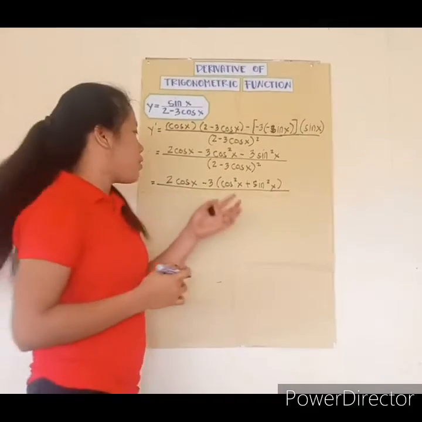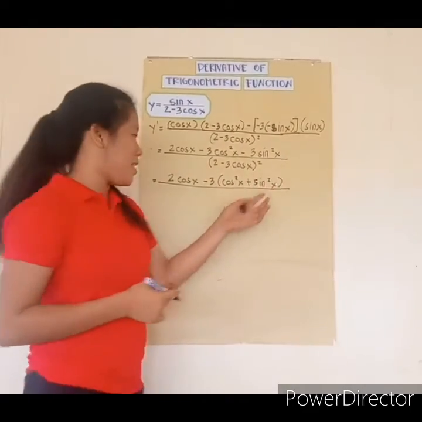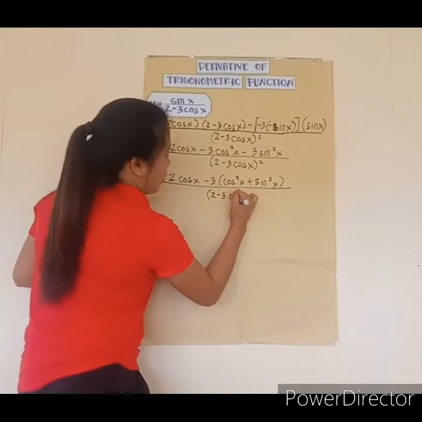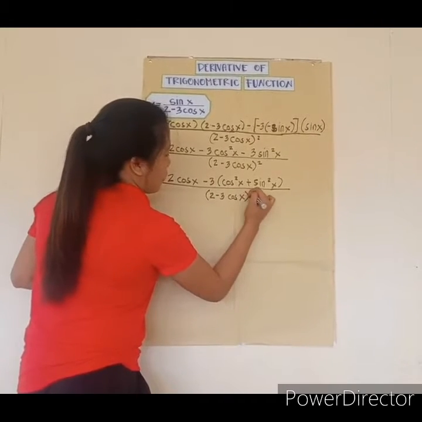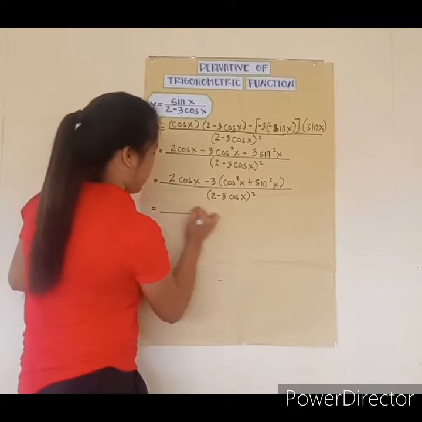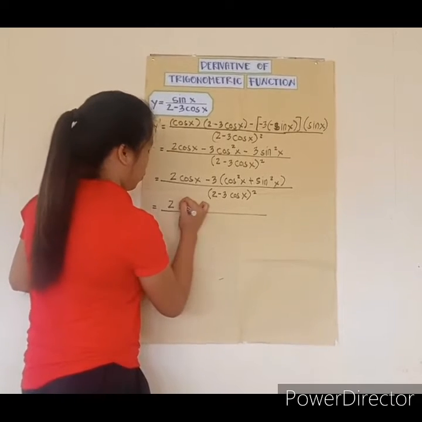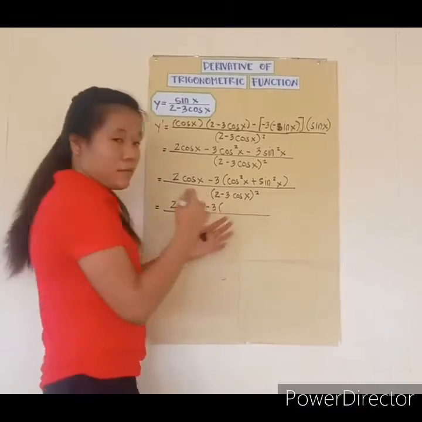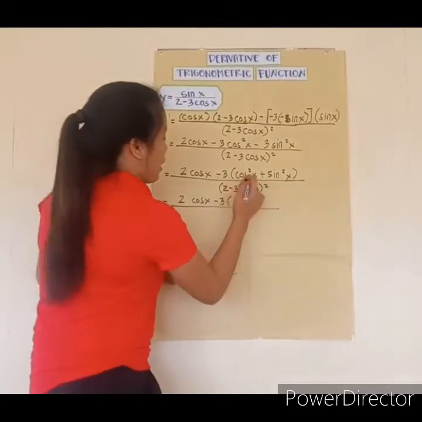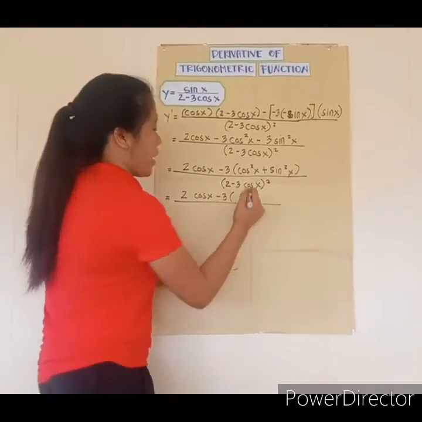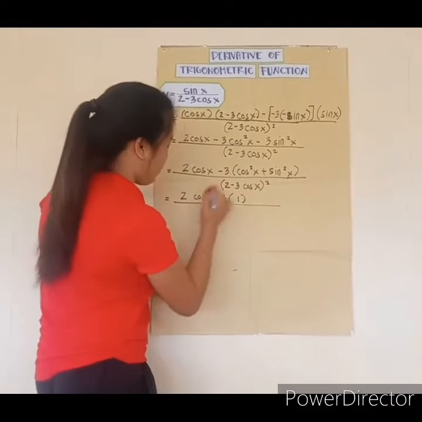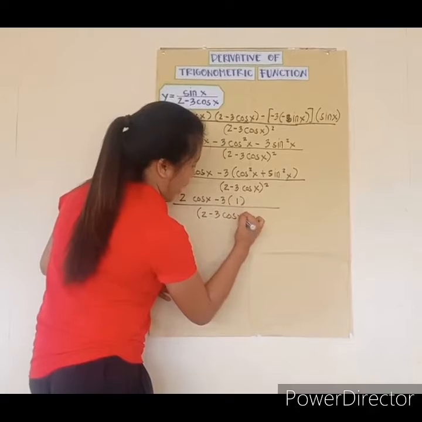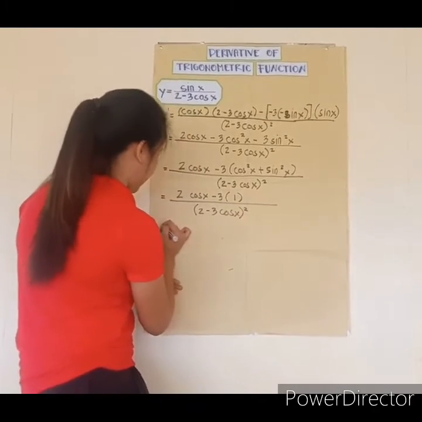Just remember that cos squared x plus sin squared x is equal to 1, over (2 minus 3 cos x) quantity squared. So it will become 2 cos x minus 3 times 1, because cos squared x plus sin squared x is equal to 1, over (2 minus 3 cos x) quantity squared.